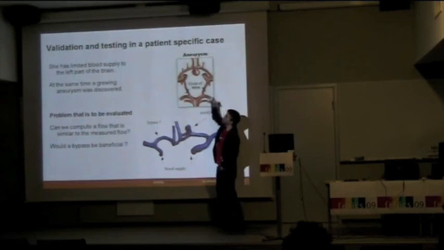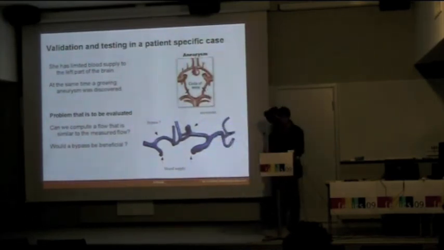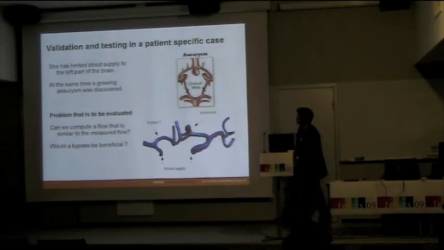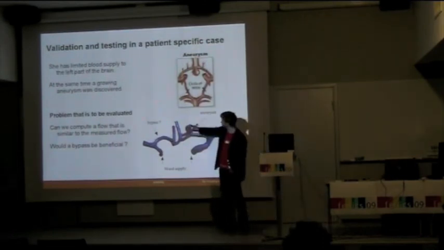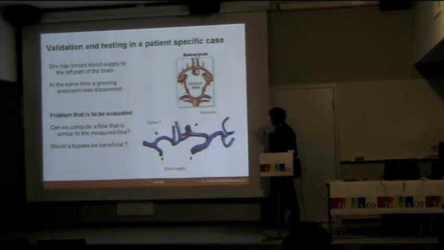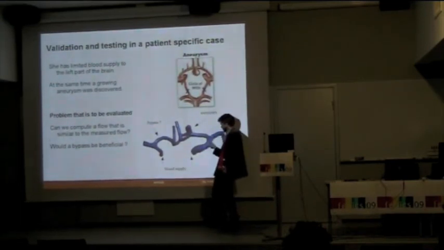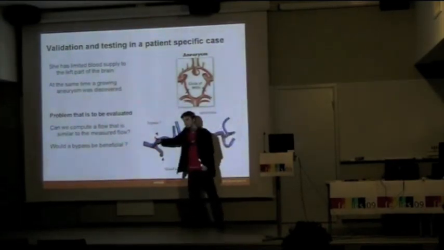So basically this one artery is supplying blood through both the left and the right parts of the brain, and she gets too little of it. In addition to that, she has an aneurysm there, so they don't dare to do anything about this aneurysm since the blood has to flow here, through there, and to this side of the brain.